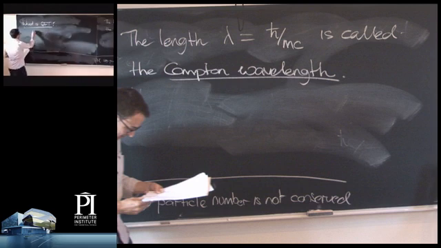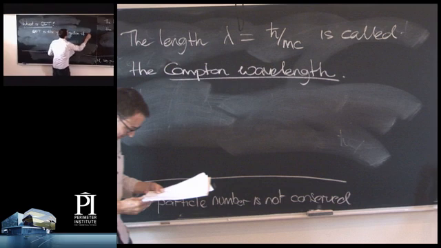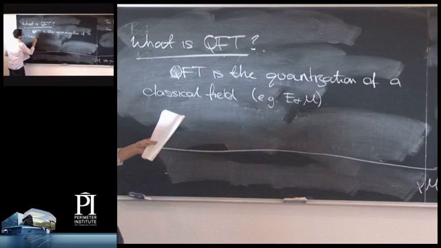Okay, so quantum field theory is the quantization of a classical field. A good example of a field to keep in the back of your mind are the electric and magnetic fields, classical electromagnetism.